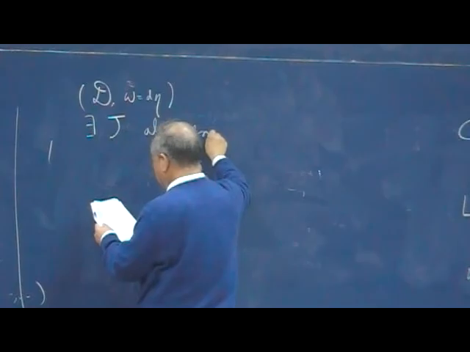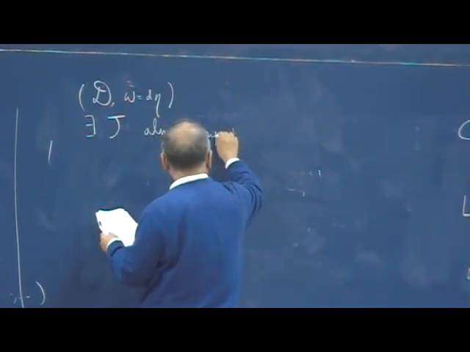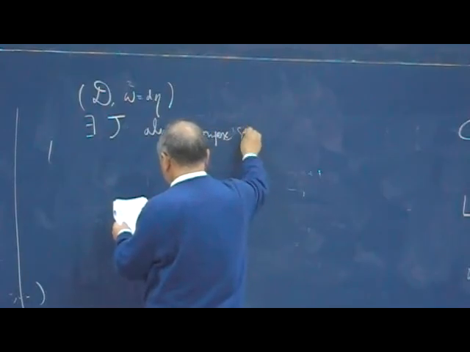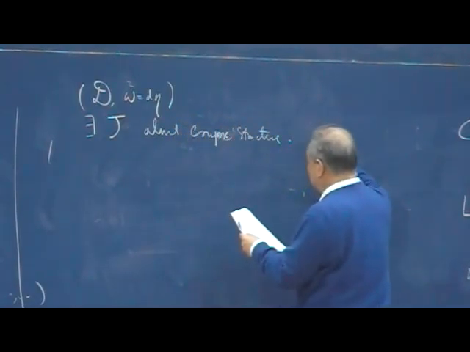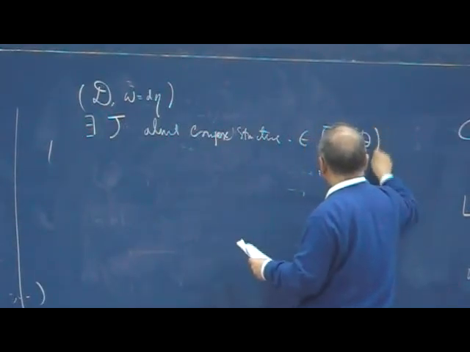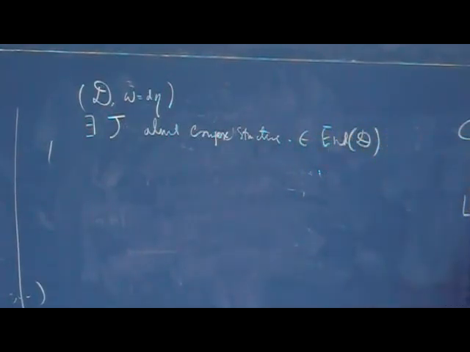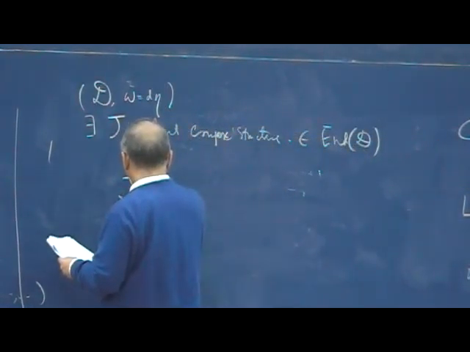Almost complex structure, which belongs to the endomorphisms of this D. It's a D bundle, it's a symplectic bundle, and I find a J which is in the endomorphisms of this D. So J squared equals minus identity, as before.